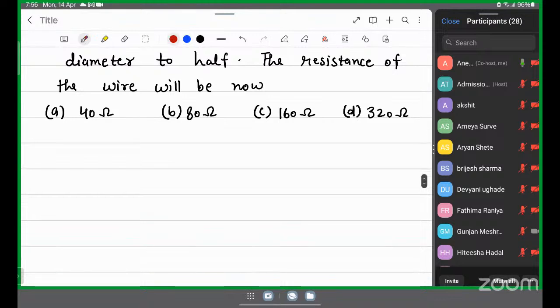For that, we know that if you stretch or compress a wire, its volume will be the same because mass is conserved. So V old equals V new, that is V1 equals V2. And in that case, A1 L1 equals A2 L2 because volume is base area into height.